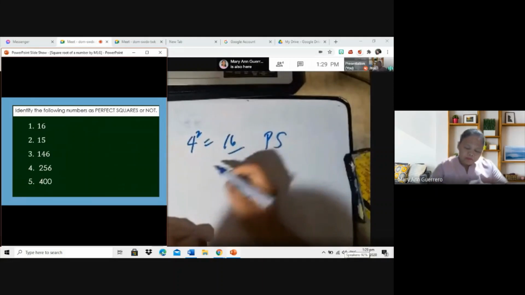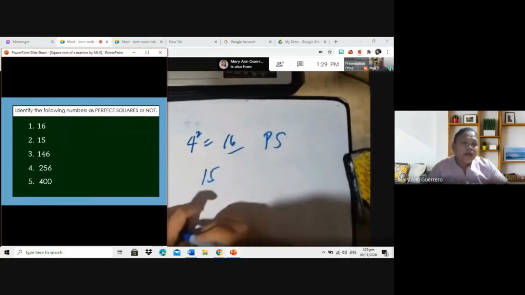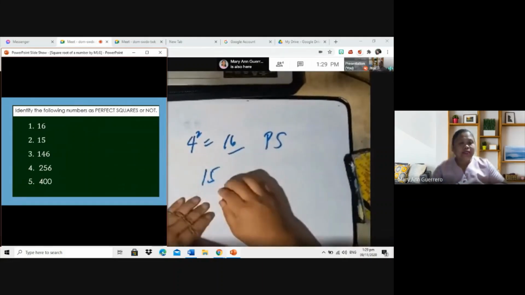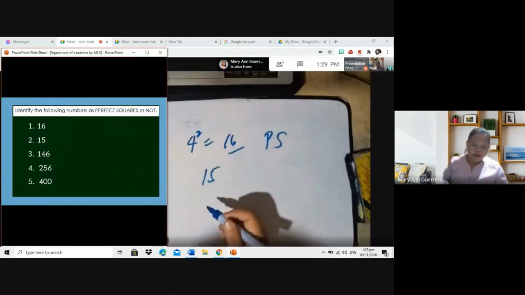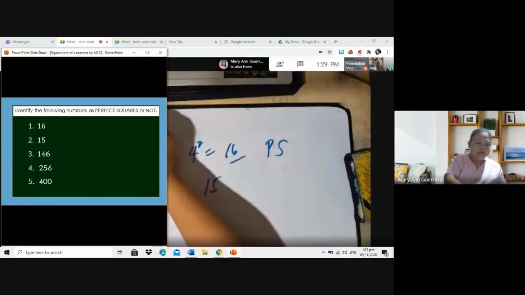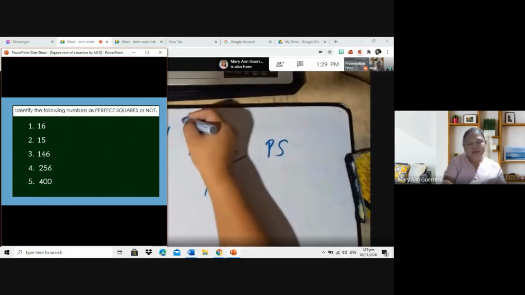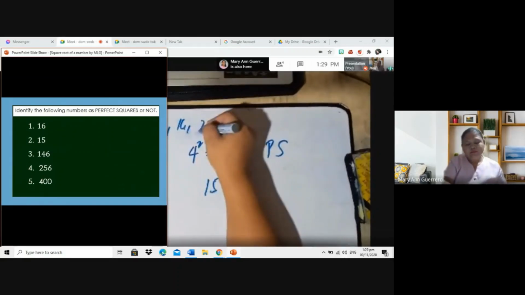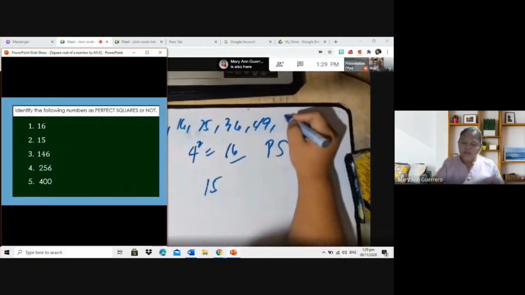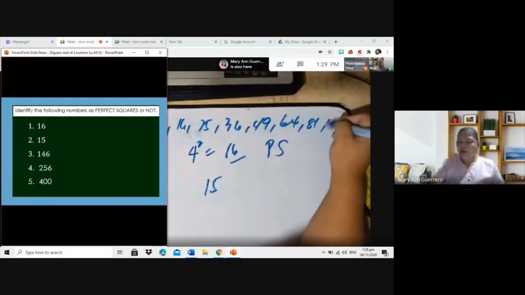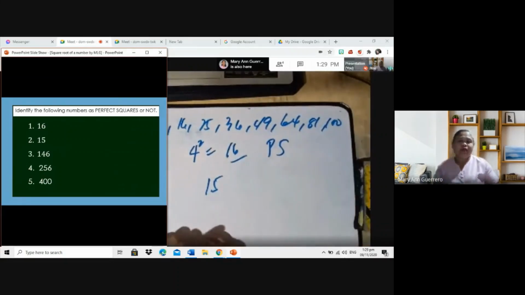Okay, what about 15? Is there a number whose square is 15? So, let's list again the perfect squares. We have 1, 4, 9, 16, 25, 36, the first 10 first, 49, 64, 81, 100. Okay. First 10 perfect squares.